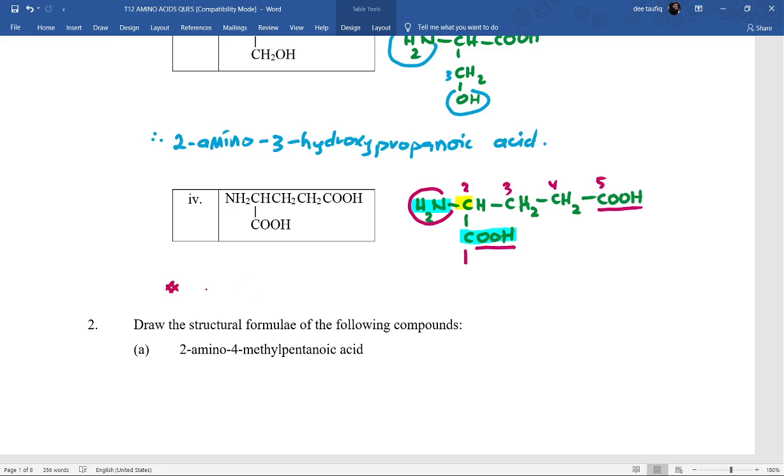So the IUPAC name will be 2-amino pentanedioic acid. For dioic acid we don't have to put the numbering because carboxylic acid must be at the ends of the structure.